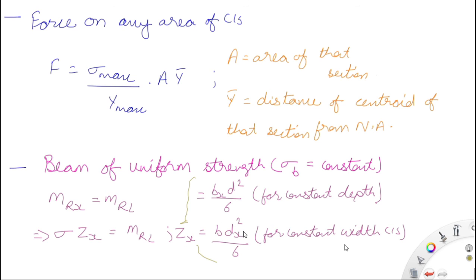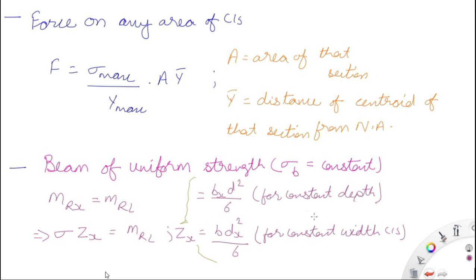In the constant width the d is varying, and in the constant depth b is varying. Okay, so bx d square by 6 and b dx square by 6. It's a rectangular cross section, and this is the Zx value. So for a beam of uniform strength MRx is equal to MRL, means sigma Zx is equal to MRL.